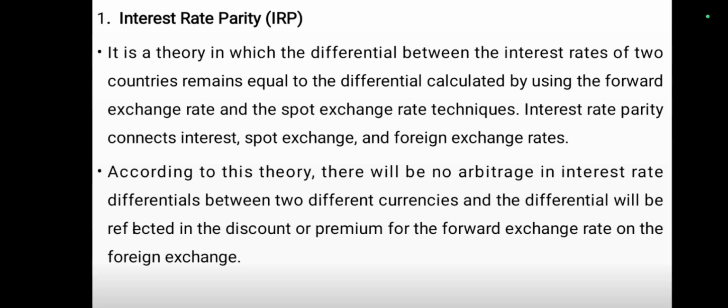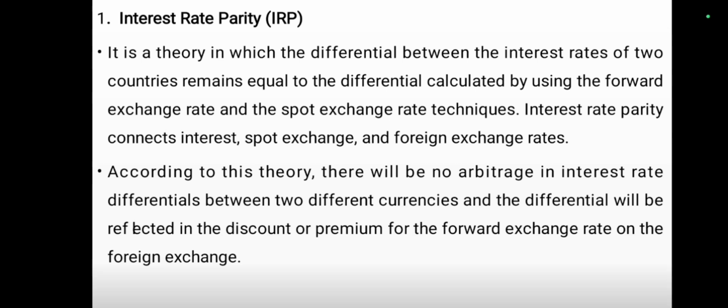So you might think we can borrow in the US market and invest in the Indian market at 5% more interest, and gain 5% in the Indian market. That is not possible, because you borrow at 10%, invest in India at 15%, and gain 5%, but that 5% is not possible because the rate of currency will not remain constant.